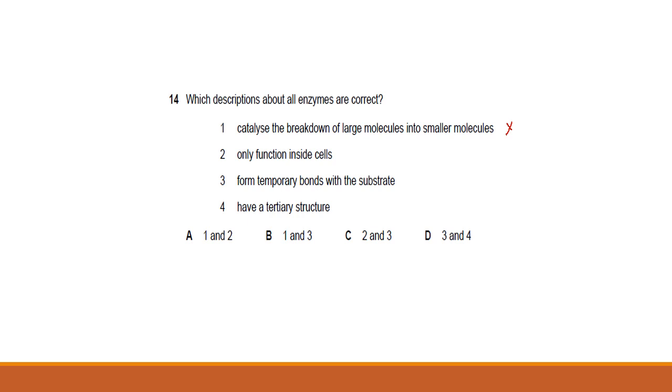But at lower level biology, a lot of the understanding is that enzymes are these things that break down large molecules into smaller molecules. That's not necessarily the case. Enzymes bind with a substrate and help the formation of products by reducing the amount of energy required.